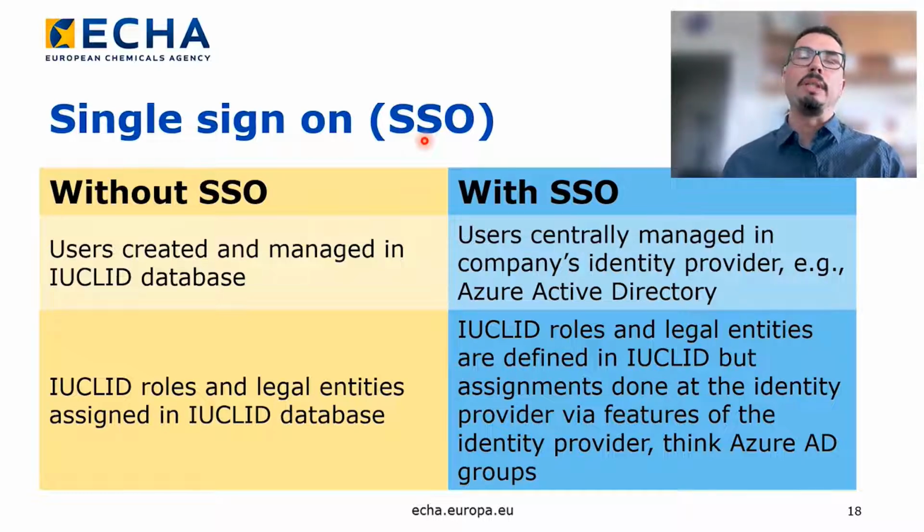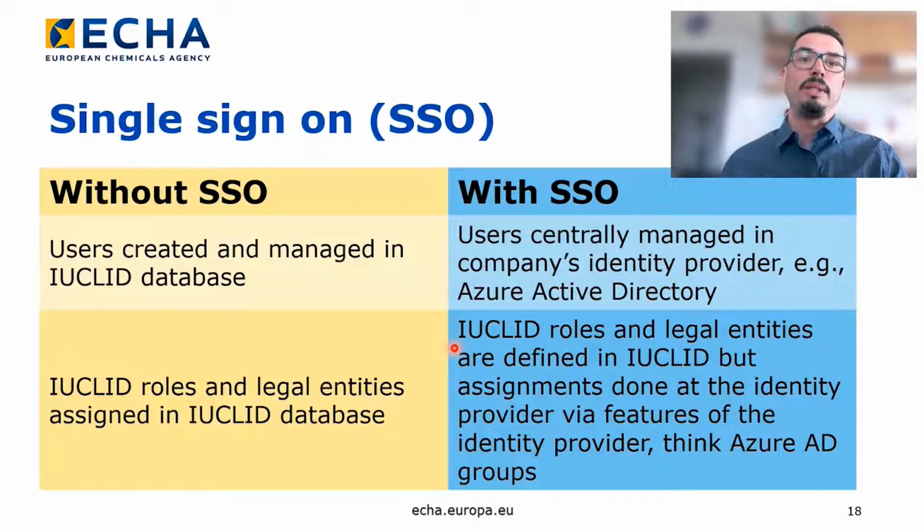In this example, this was Azure Active Directory. And also, without single sign-on, the user admins, the super users, were assigning the roles and legal entities in the Euclid database using the Euclid interface.